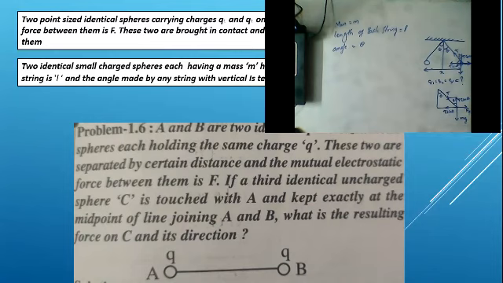Now coming to the next step, we can write T cos theta is equal to mg, and T sin theta is equal to Fe. I am making a combination here.